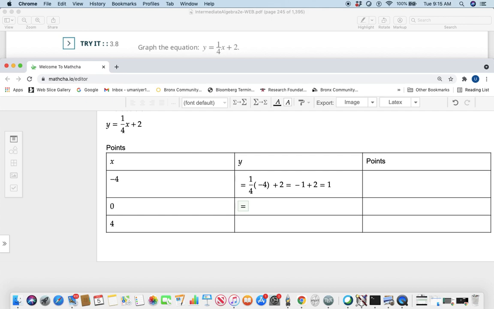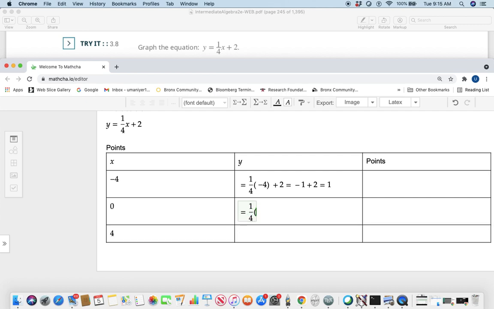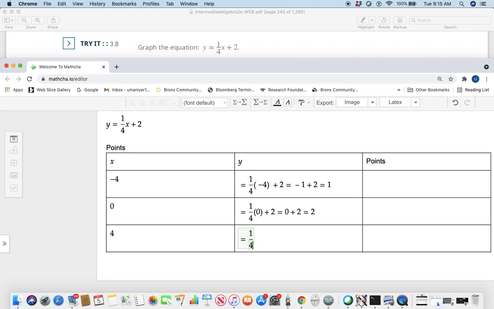Here, fraction 1/4, x coordinate is 0 plus 2. 0 times anything is 0 plus 2 is a 2. This is equals fraction 1/4 times 4 plus 2.